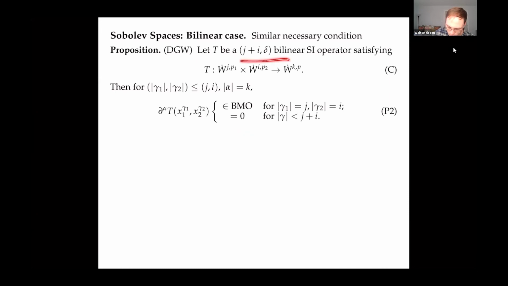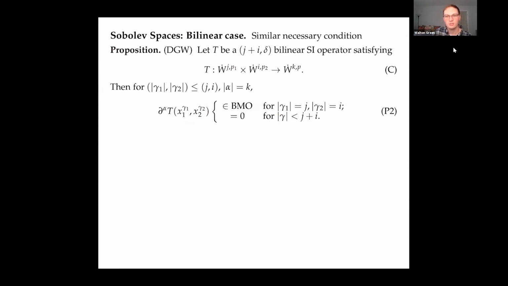So if you preserve the homogeneous Sobolev spaces, then again, you have to be in BMO at the highest order when you're testing on polynomials of the highest order. And then everywhere else, you have to be 0. And I said that this was a restrictive condition for the linear case, and it is, but it's a really restrictive condition in the bilinear case.